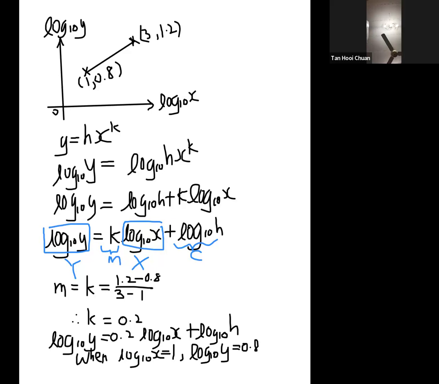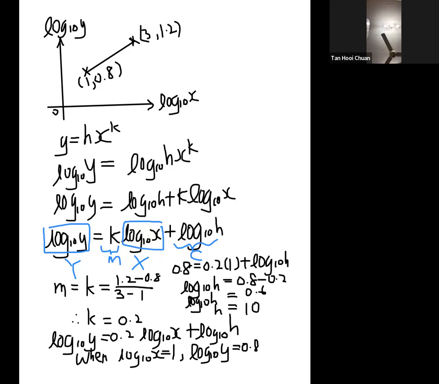We put inside: 0.8 equals 0.2 times 1 plus log10 h. So log10 h equals 0.6, so h equals 10 power 0.6.